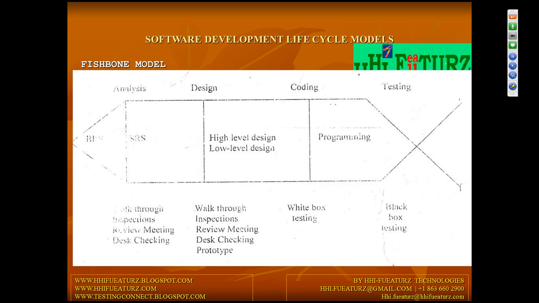If something went wrong, it needs to be brought to the correct path. That is the purpose of all these reviews. Walkthrough is the way your project manager tracks the status of the activities, how you are performing, how you are resolving your issues, or he may provide help. That is nothing but walkthroughs.